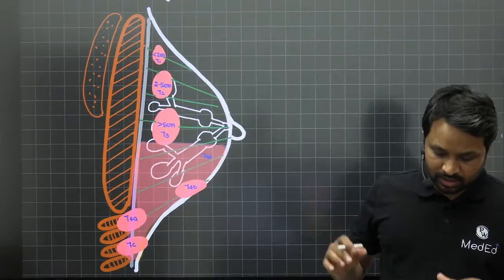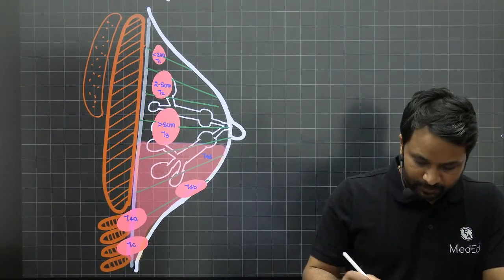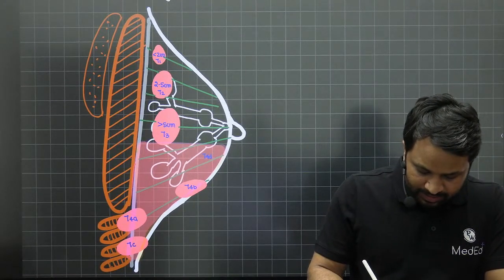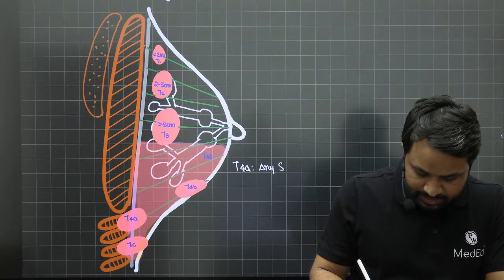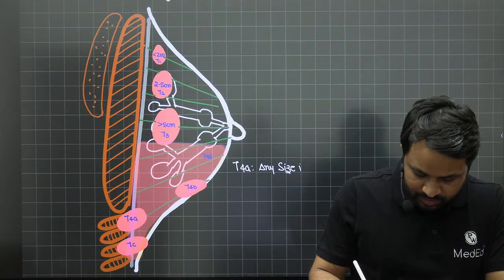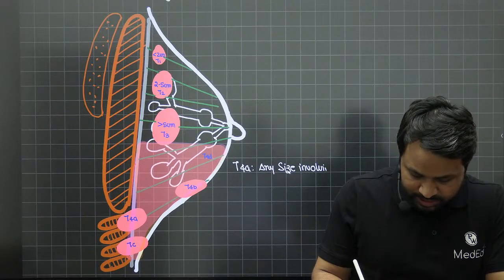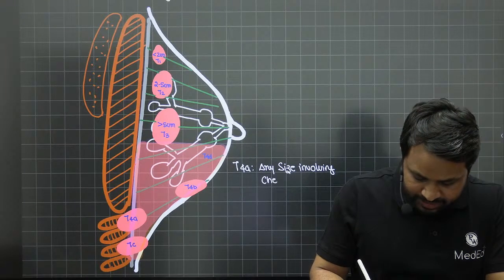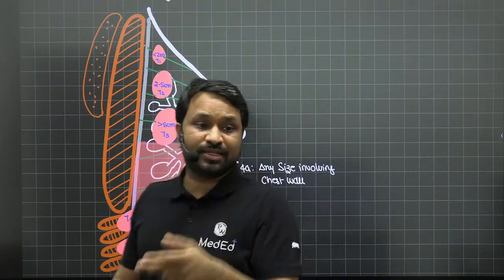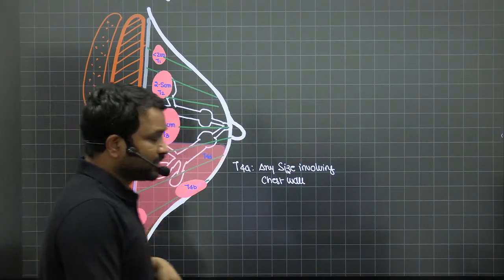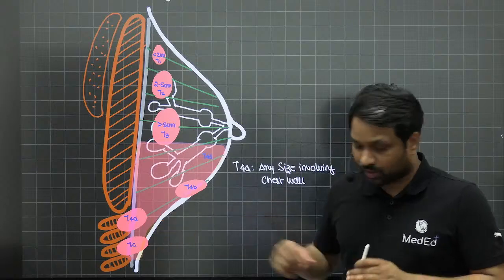Now, just for summarizing, T4A says any size involving chest wall. Now from our first lecture of anatomy, I told you chest wall is made up of ribs, intercostal muscles and the serratus anterior group of muscle. Here you can see it is involving the serratus, it will become T4A.